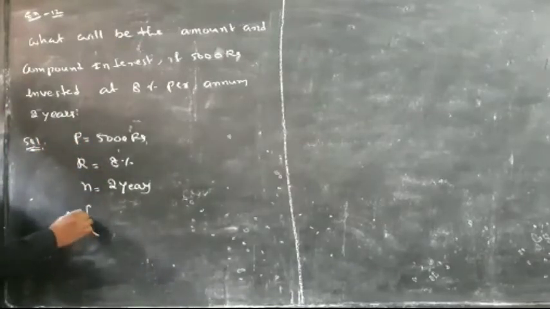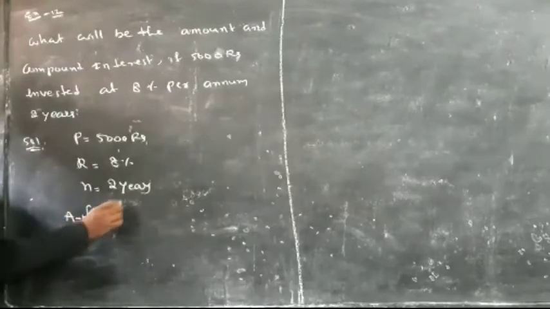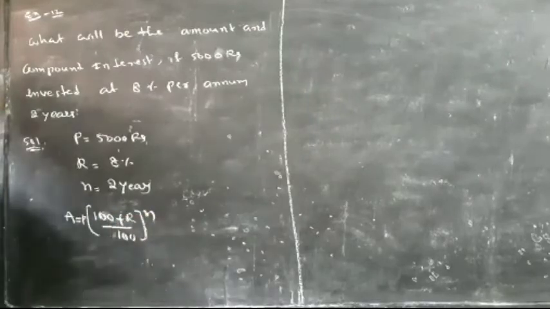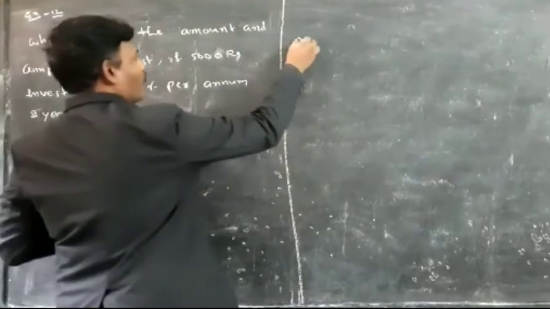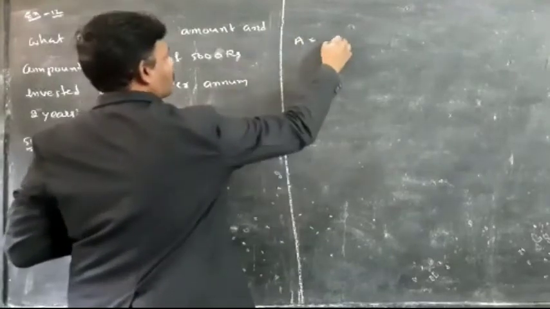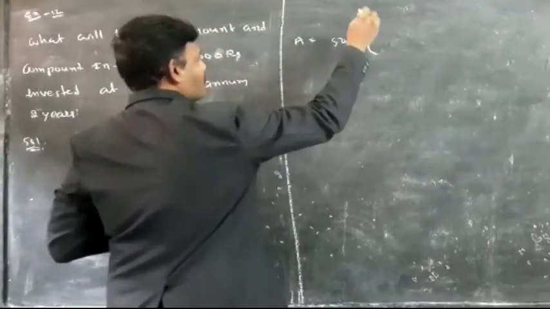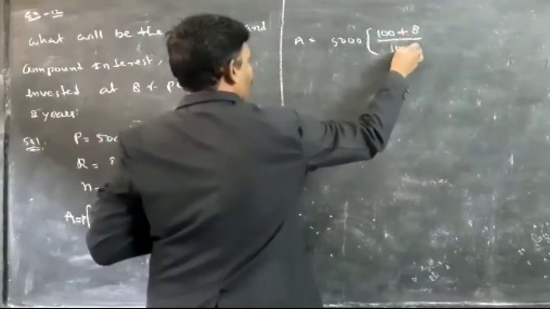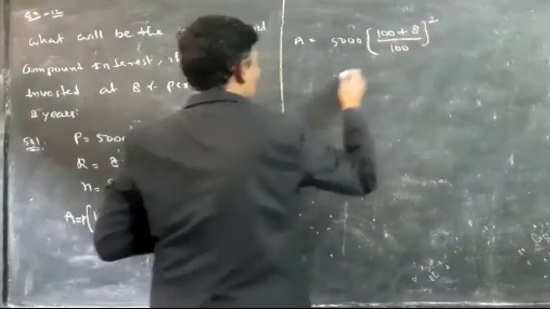What is the formula? A is equal to P bracket 100 plus R by 100 whole power n. What is the principal amount here? 5,000. So 5,000 into 100 plus, what is the rate of interest? 8 by 100 whole power 2.